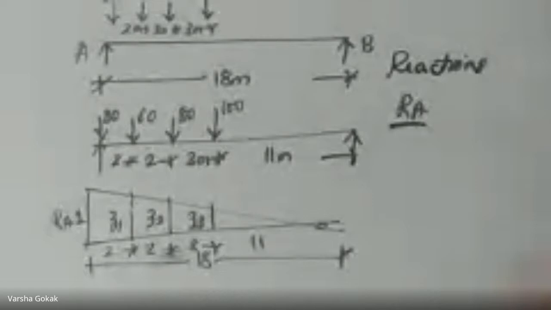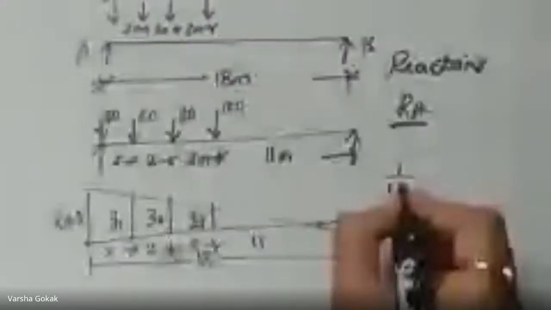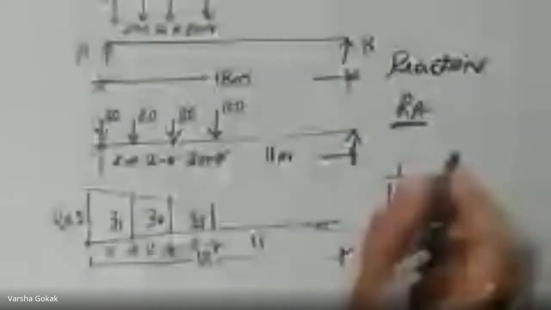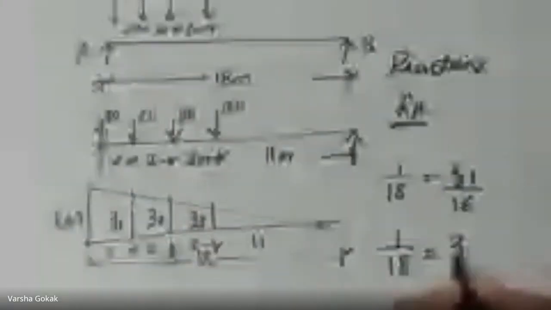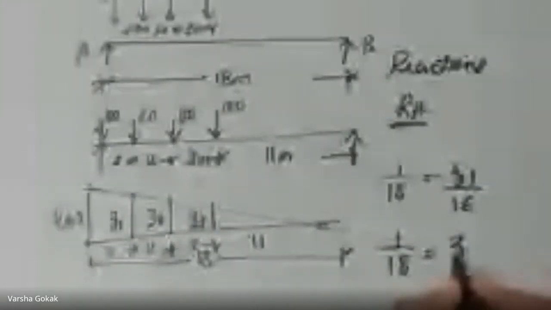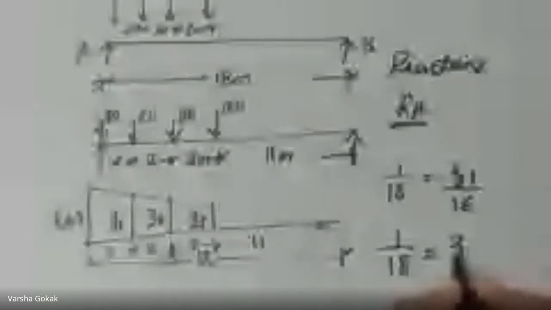So 1 divided by 18 will be equal to Z1 divided by 16, that is 11 plus 3, 14 plus 2, 16. The next, 1 divided by 18 will be equal to Z2 divided by 14, and then 1 divided by 18 equals Z3 divided by 11.